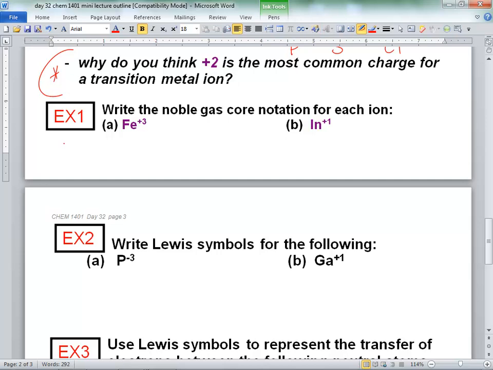All right. I see it's argon. Then you have to write the rest. Remember doing that? So you pretty much start with argon and then finish it. It's iron plus 3.